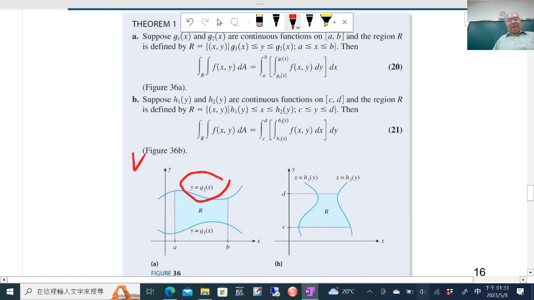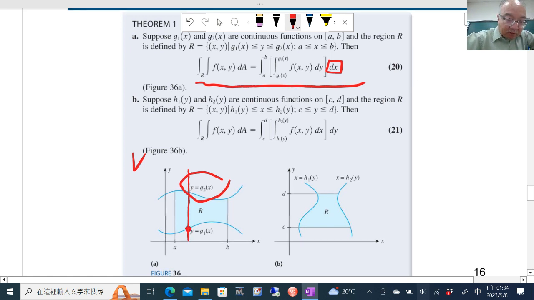In the case where your region can be described in terms of two functions using x, then we are going to apply the order of dy dx, meaning that we fix x first, and for y we start from the lower to the higher, from the g1 function to the g2 function. So the integration will be from g1 to g2.